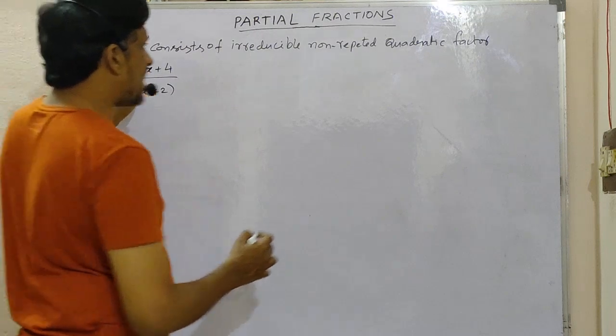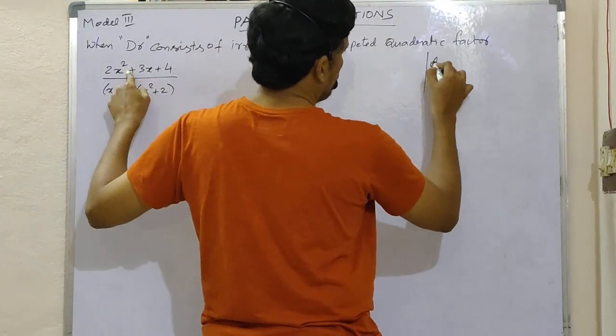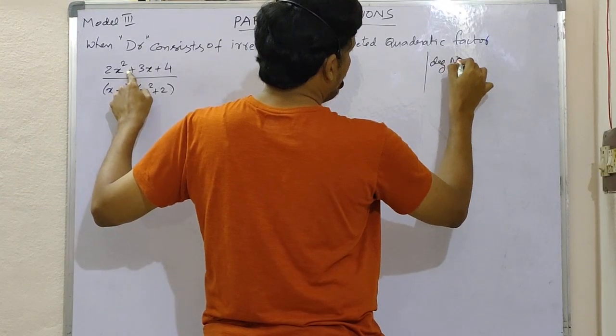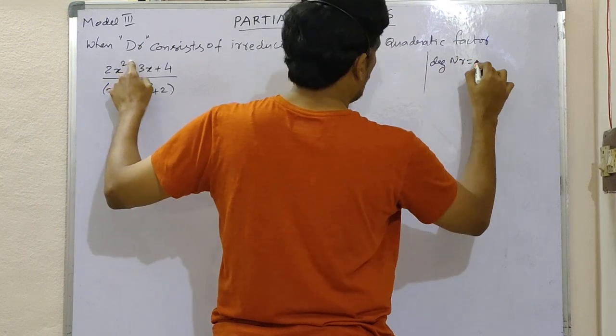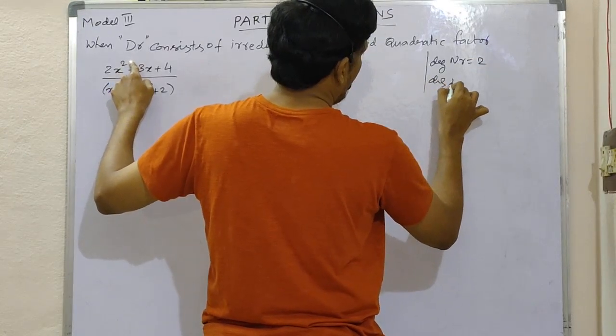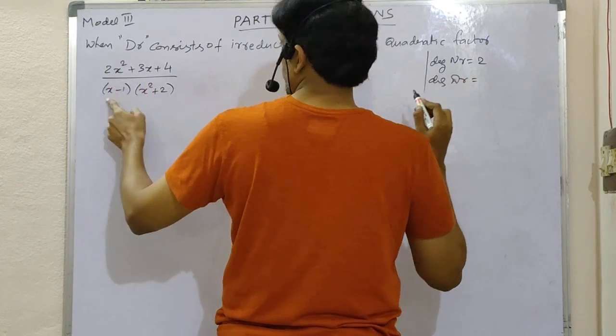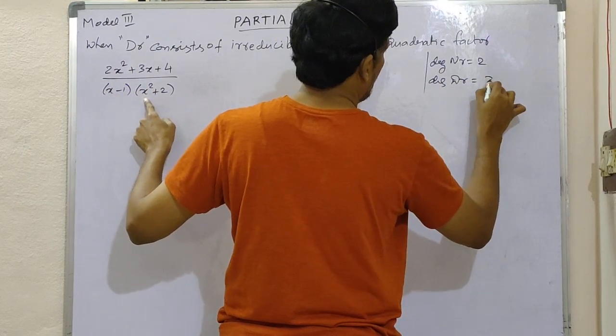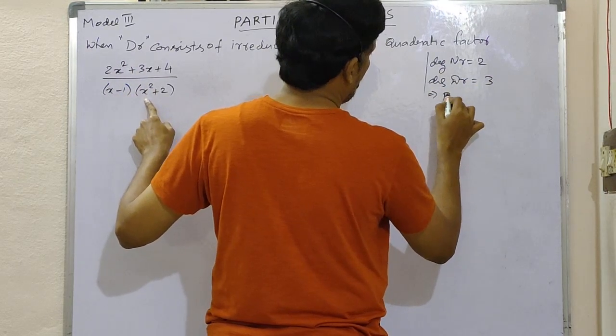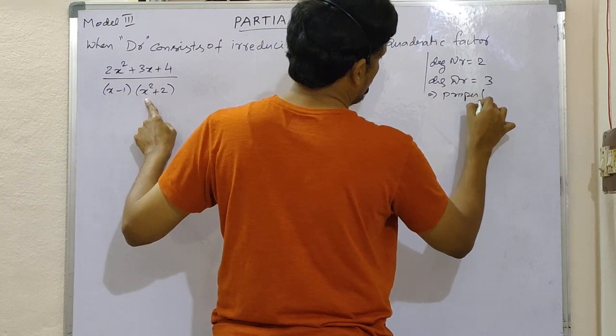Again, observe the degree of the numerator. Here the degree of the numerator is 2, and the degree of the denominator is x into x², x³, that will be 3. So this is a proper fraction.